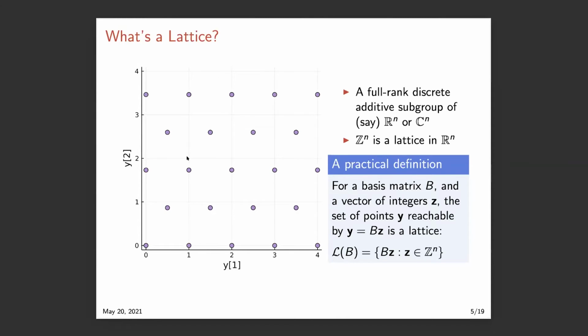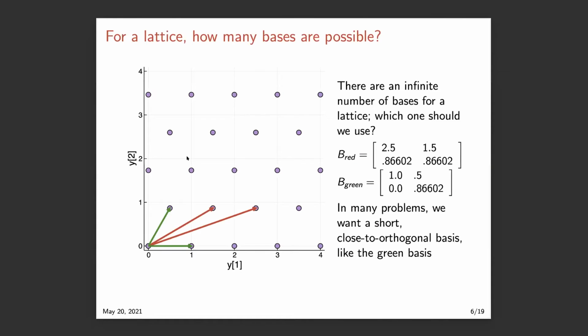So these purple dots, again, represent a lattice. One question you may have is, how many bases are possible? Well, there is an infinite number of bases. Here are two bases for this lattice. The red arrows represent the columns of the B-red basis matrix, and the green arrows represent the columns of the B-green basis.